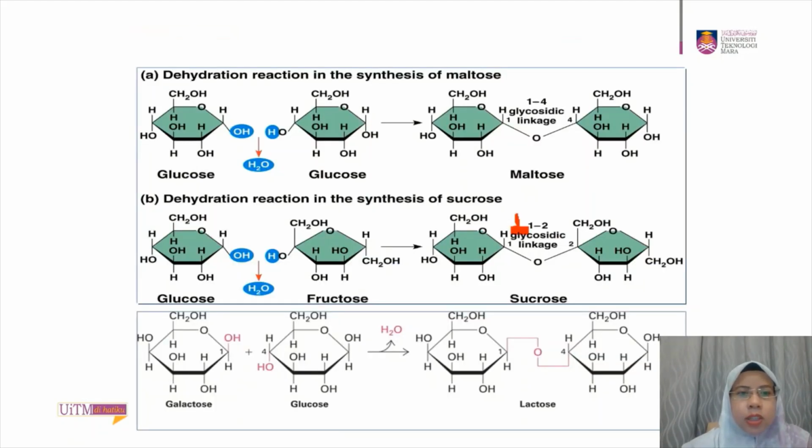This slide shows the dehydration reaction in the synthesis of maltose. As we discussed before, maltose is the binding between two monomers of glucose. This process is known as dehydration, which removes one molecule of water.